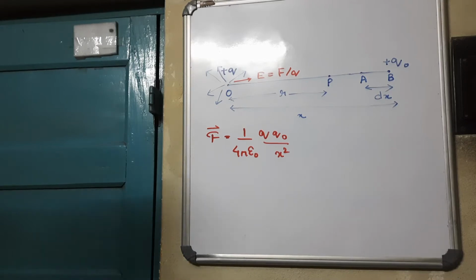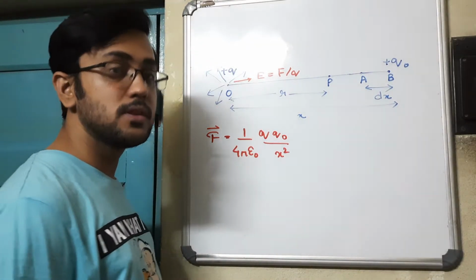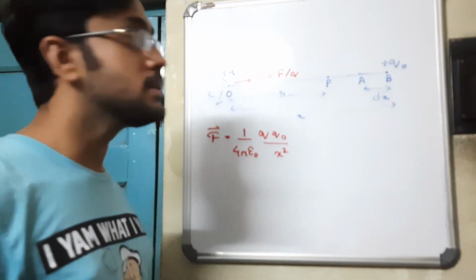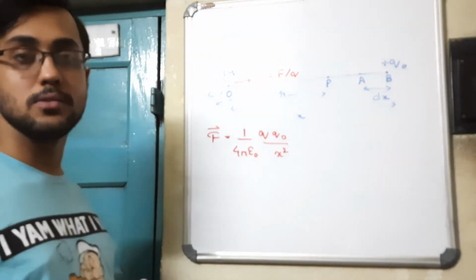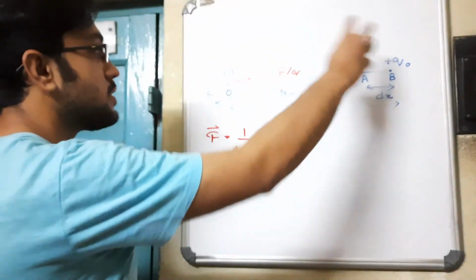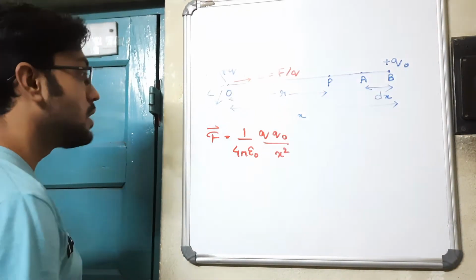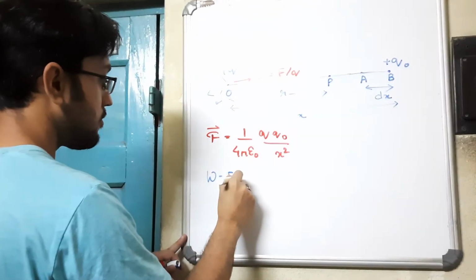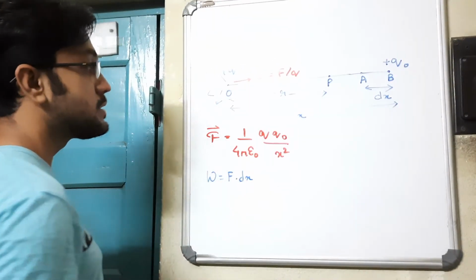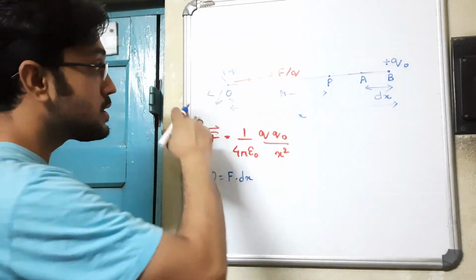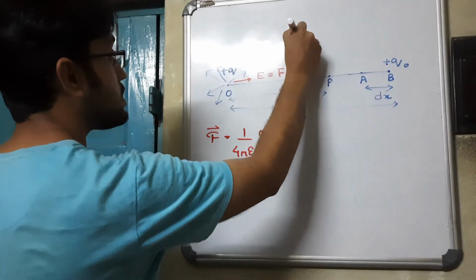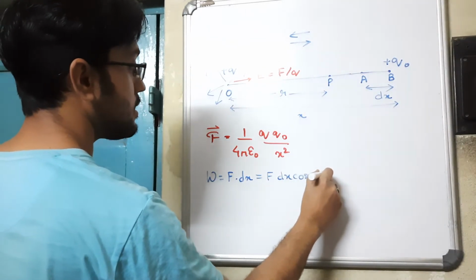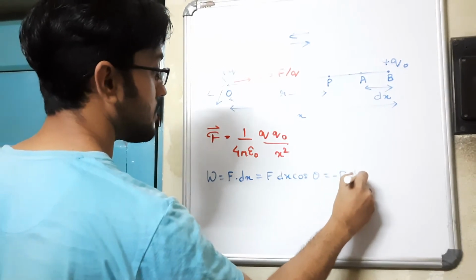Now even after this repulsion, if we want to move the charge Q naught from the point B to the point A, we have to do some work against this repulsive force. And if we move a distance dx, then the work that we are going to do is F dot dx. But since the displacement is opposite to the direction of the force, F dot dx is F dx cos theta, and here theta is 180 degrees, so this becomes minus F dx.